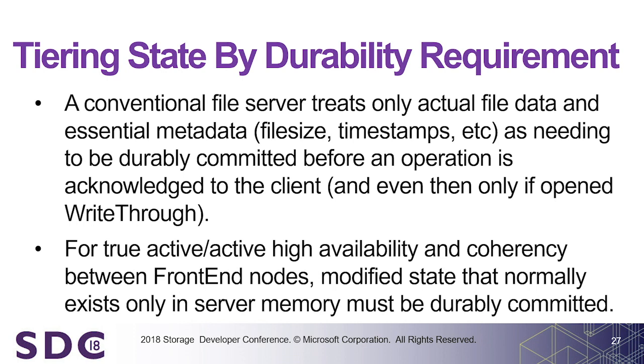And since, by definition, when we have a connection break, we establish a new session, we don't need to durably commit that volatile ID. And so we can keep that just in the memory of the front-end nodes, and by not having to worry about committing things that don't have to be maintained, that simplifies our architecture as well and is more performant.